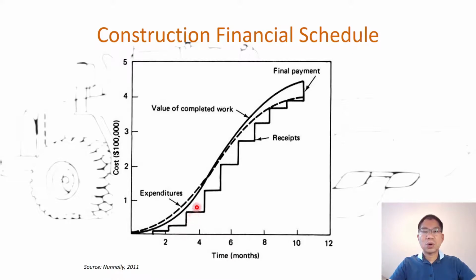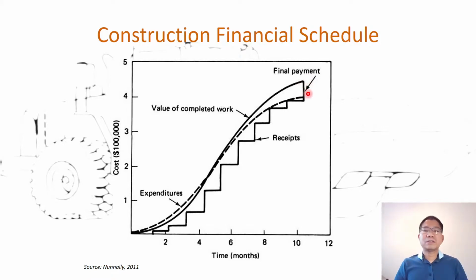So at any given point your expenditure is more than the receipt. For example, at 4 months, the expenditure is here, but the receipt so far is only that much, so there is a gap. The contractor needs either their own money or short-term borrowing to fulfill the gap between the expenditure and the money they receive. And the receipt only at the end, with the final payment jump, realizes whether the project has profit or not, as you can see in this chart.